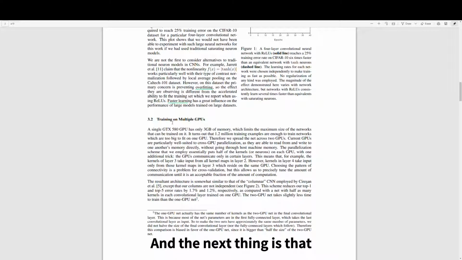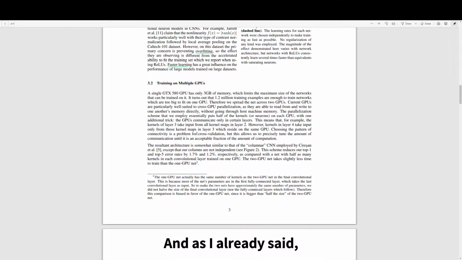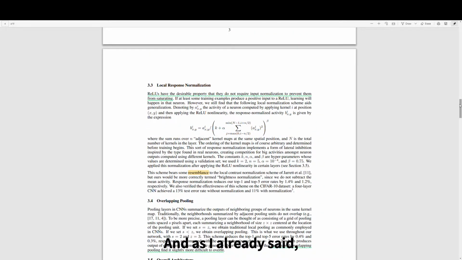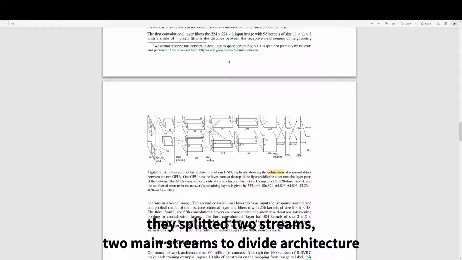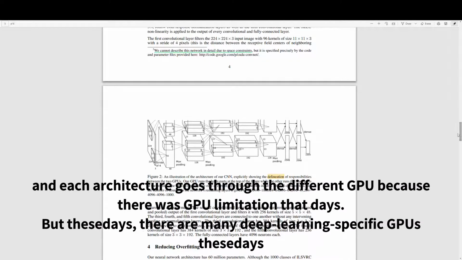And the next thing is that they used multiple GPUs. As I already said in the overall architecture, they split the architecture into two main streams, and each goes through a different GPU, because there was a GPU limitation in those days.